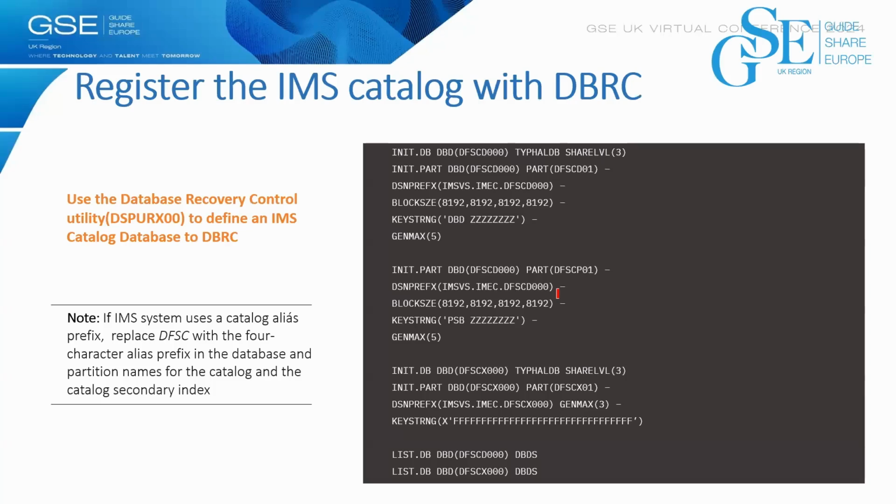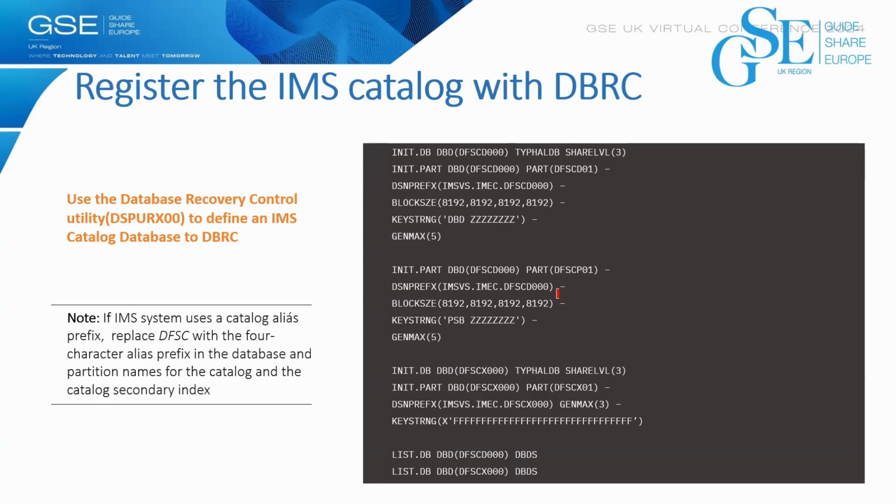For registering the catalog with DBRC, you need to use the Database Recovery Control utility, DSPURX00. This is an example of the DBRC commands that you can write for defining the IMS catalog database, its partitions and the secondary indexes.